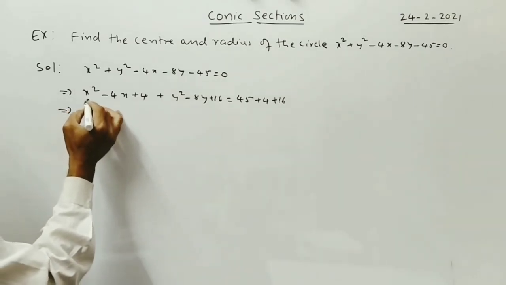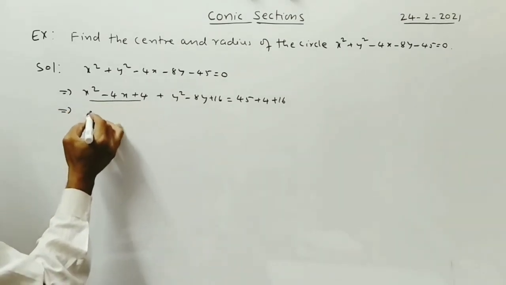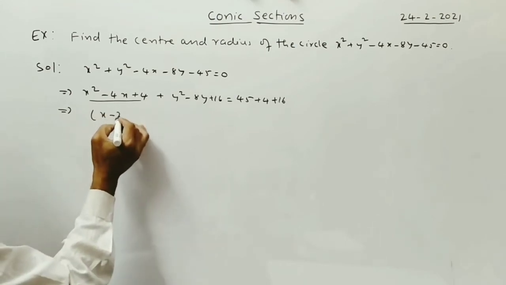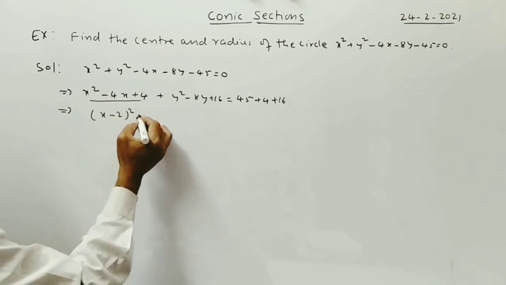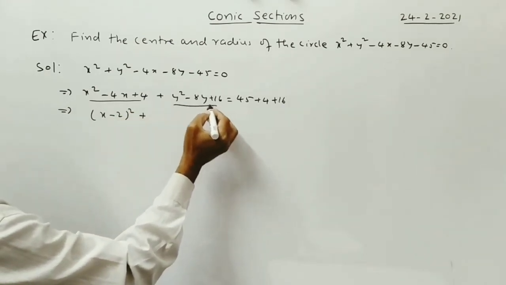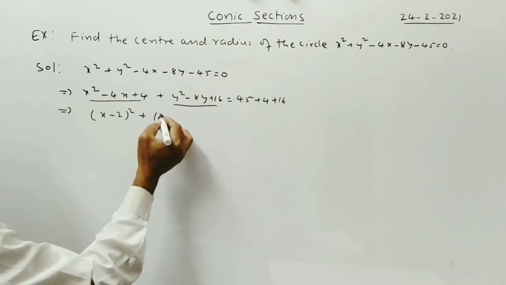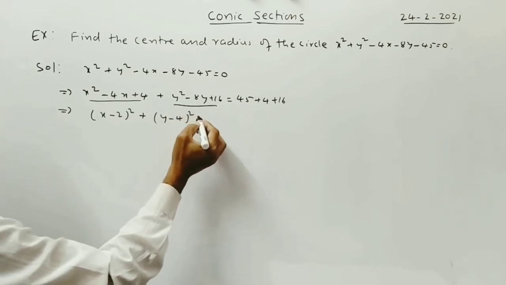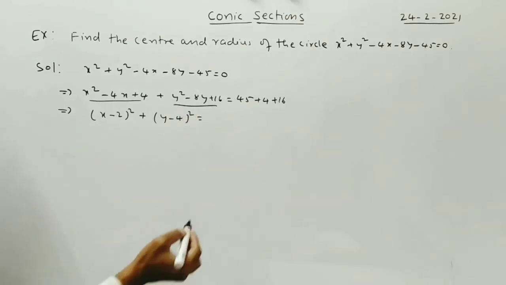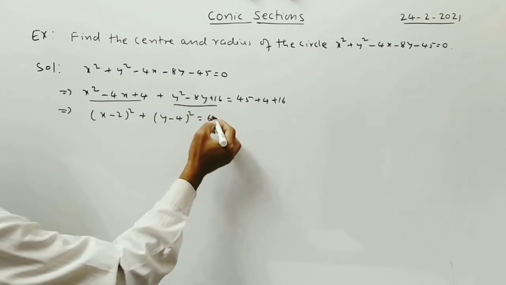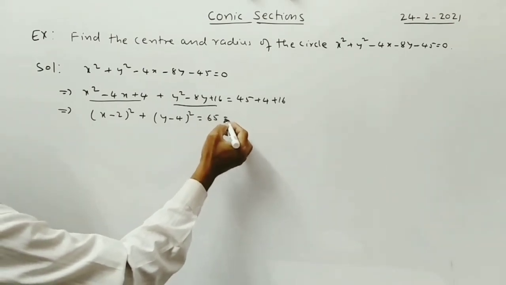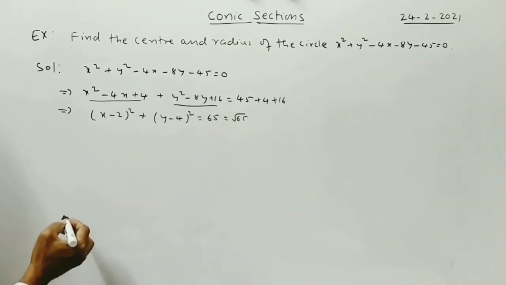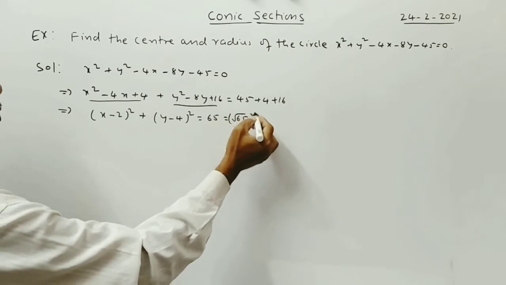This implies first three terms will give x minus 2 whole square plus next three terms will give y minus 4 whole square is equal to 65. This is nothing but square root of 65 whole square.